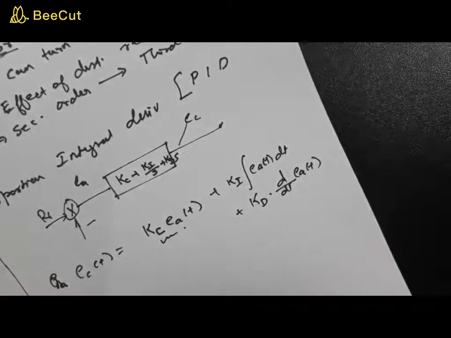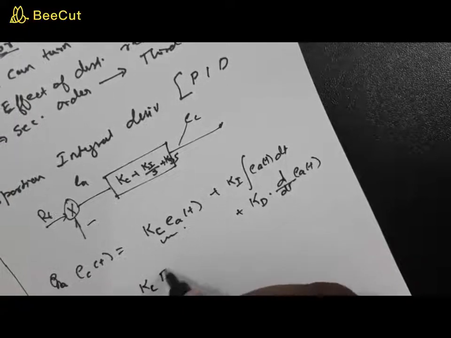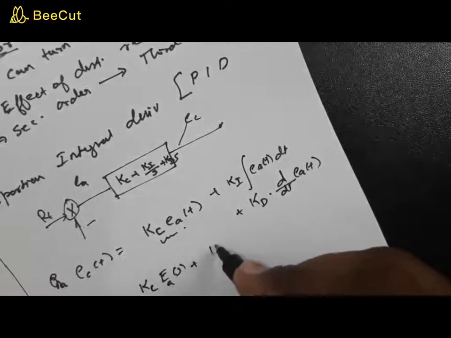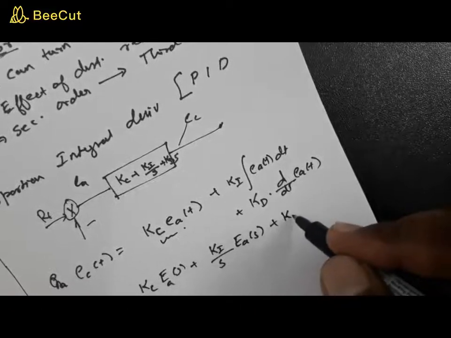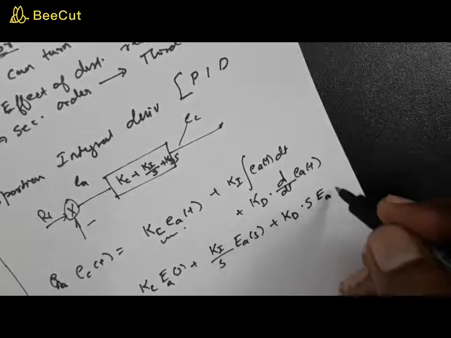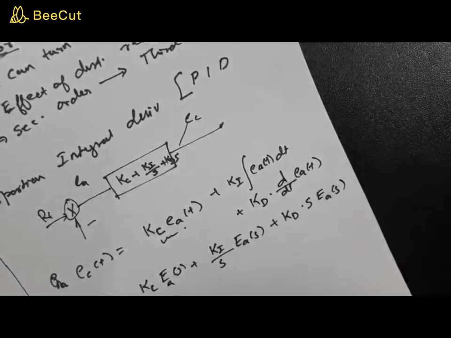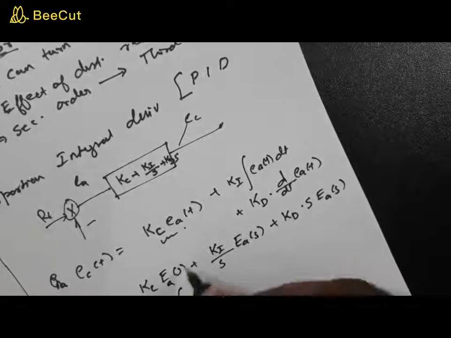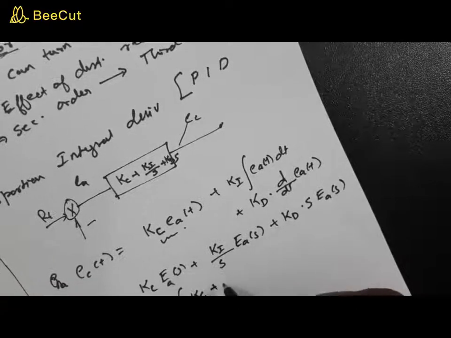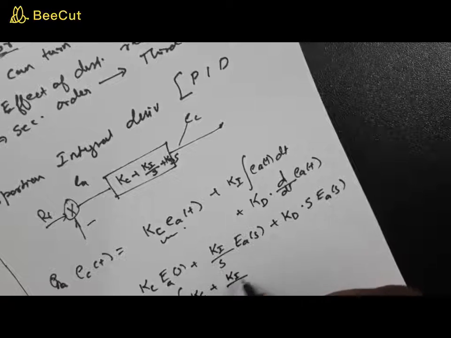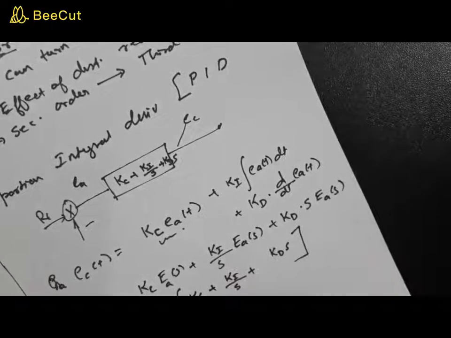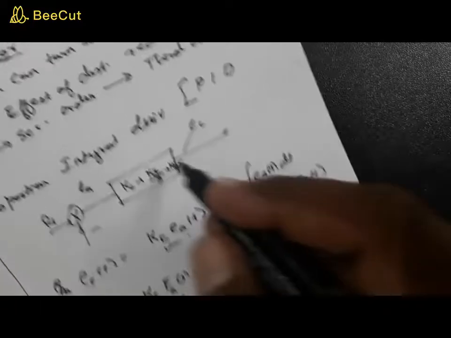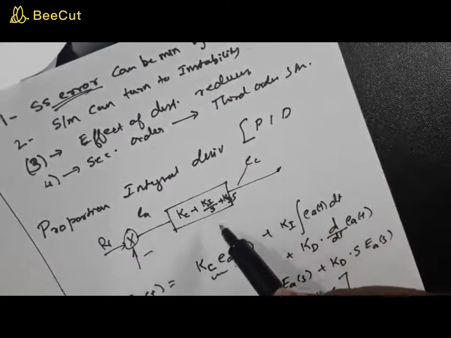Now from this, when you convert it into the frequency domain, you will get Kc into Ea of S plus Ki by S into Ea of S plus Kd into S into Ea of S. So this is actually Ea of S into Kc plus Ki by S plus Kd into S. You will be getting an equation like this, and that is how you get a block like this.